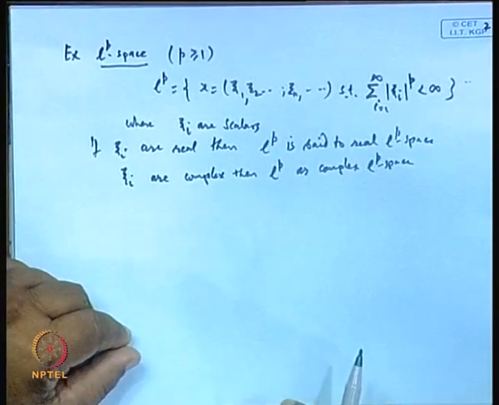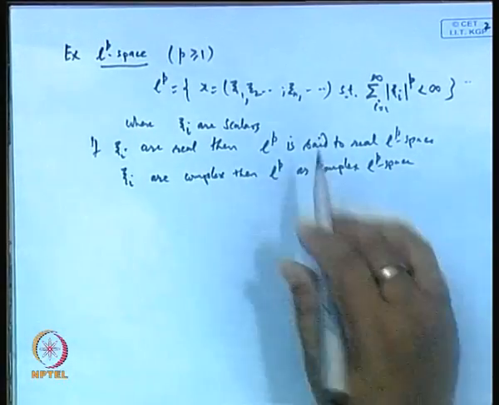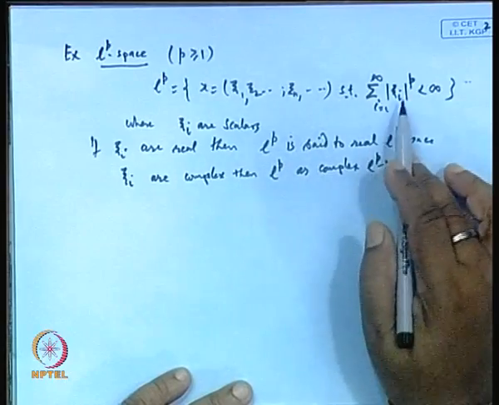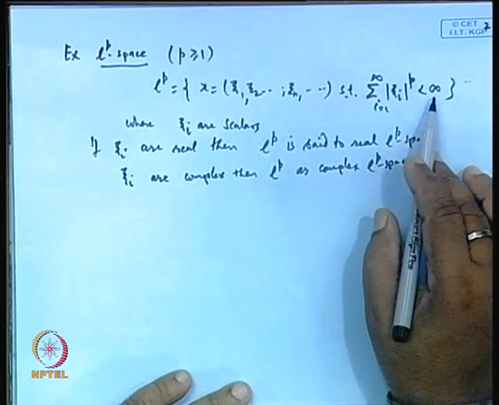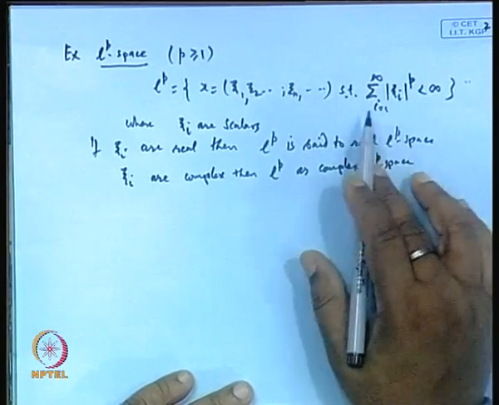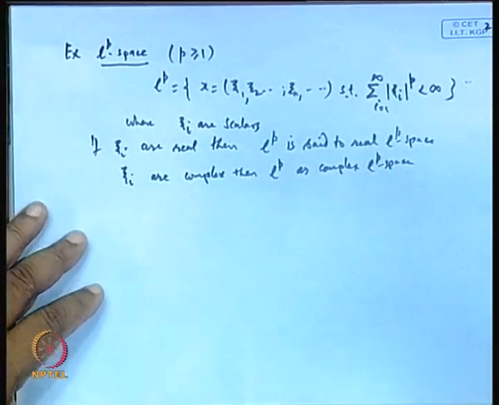Okay. So, LP is the class of those infinite sequences x = (ξ1, ξ2, ..., ξn) such that the sum of |ξi|^p is finite, that is, those infinite sequences which are pth summable sequences. Okay. So, we get this.